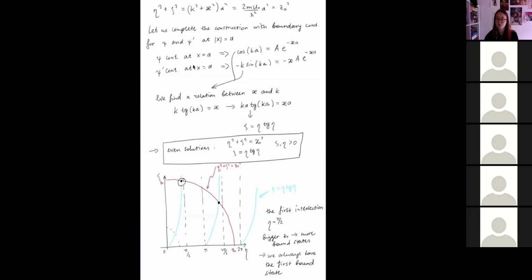Yeah, and this is an important conclusion to keep in mind, that we will always have a bound state, no matter how small the well is. Okay, so this was the analysis with regards to the even solutions.